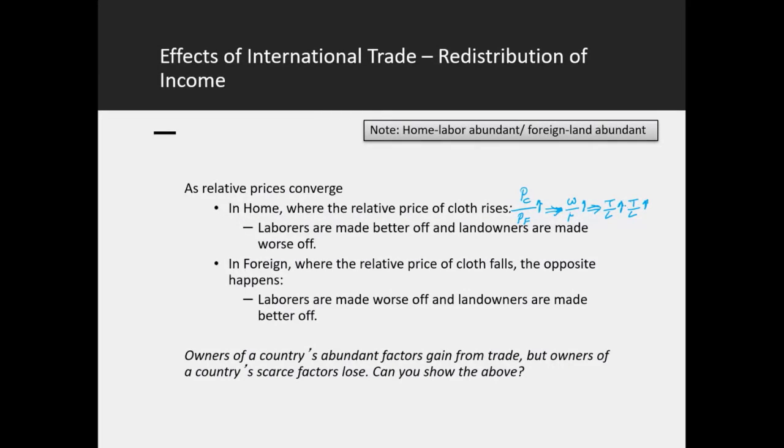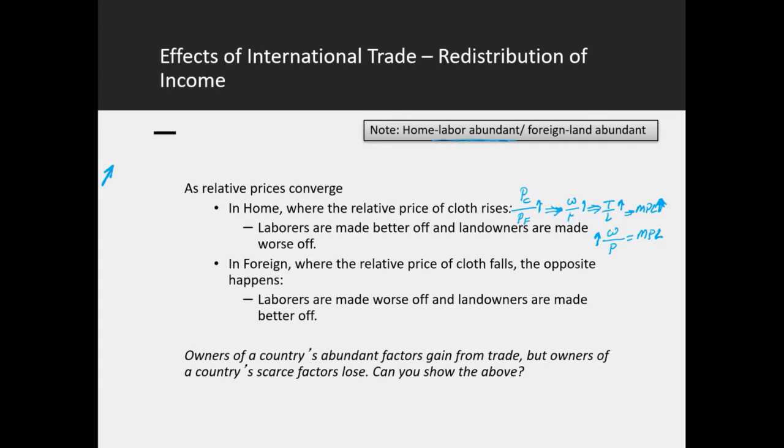And the increase in the K by L ratios is finally going to imply that the real wages, which depend on the marginal productivity of labor, are going to increase, and these real wages increase in terms of both the prices. So labor is better off.